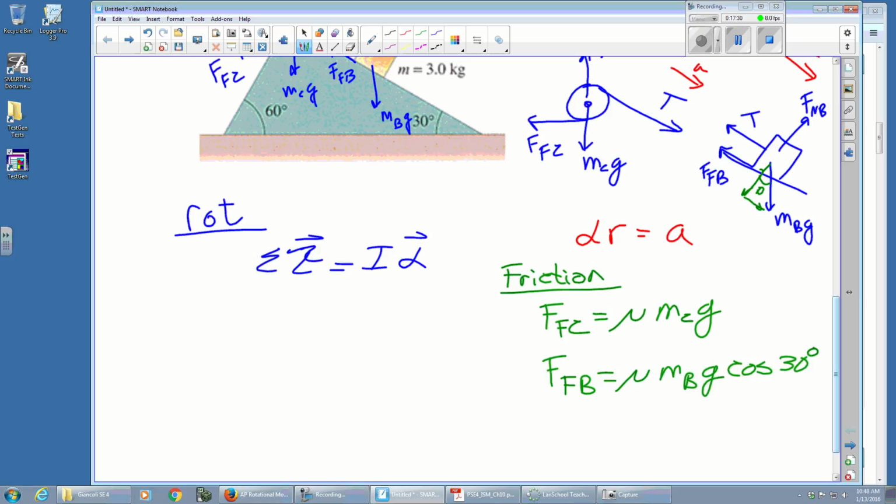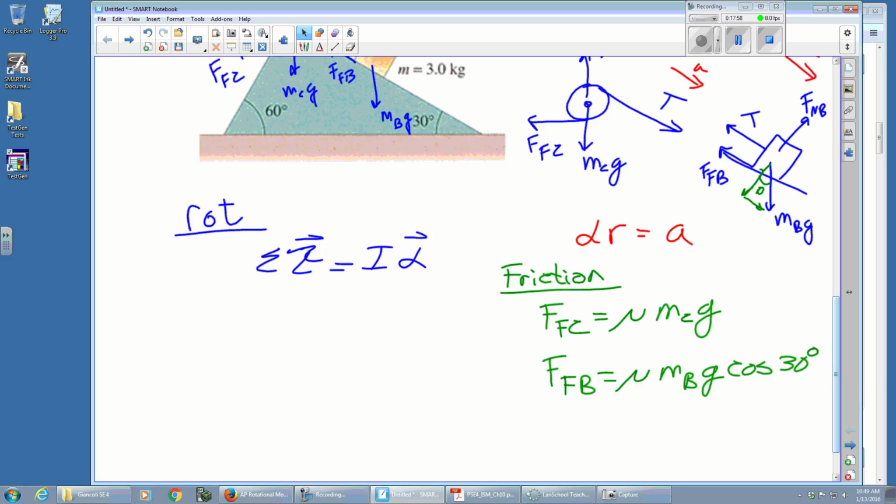So it's cosine theta. Let's go ahead with this, but I'm a little worried about our normal force being just the weight of the cylinder. Let's go for it.